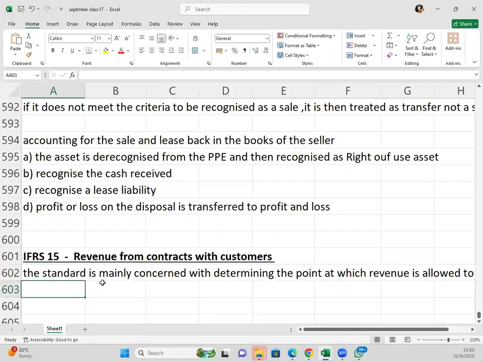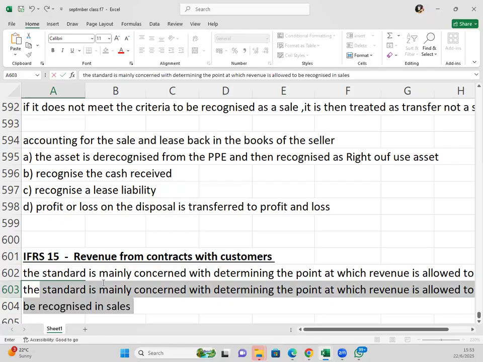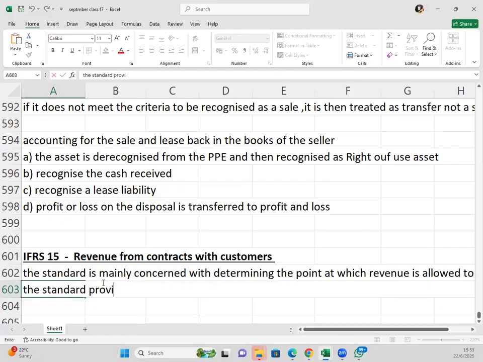IFRS 15 has the revenue recognition criteria. The standard provides a 5-step approach to revenue recognition.